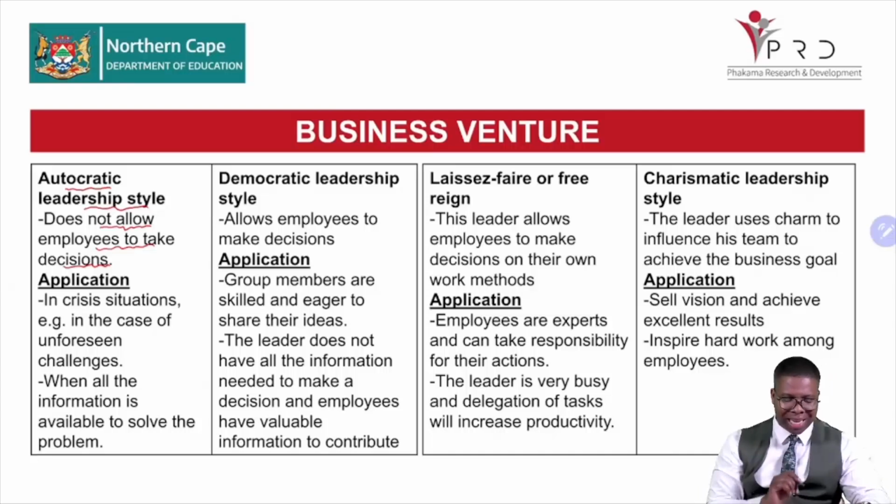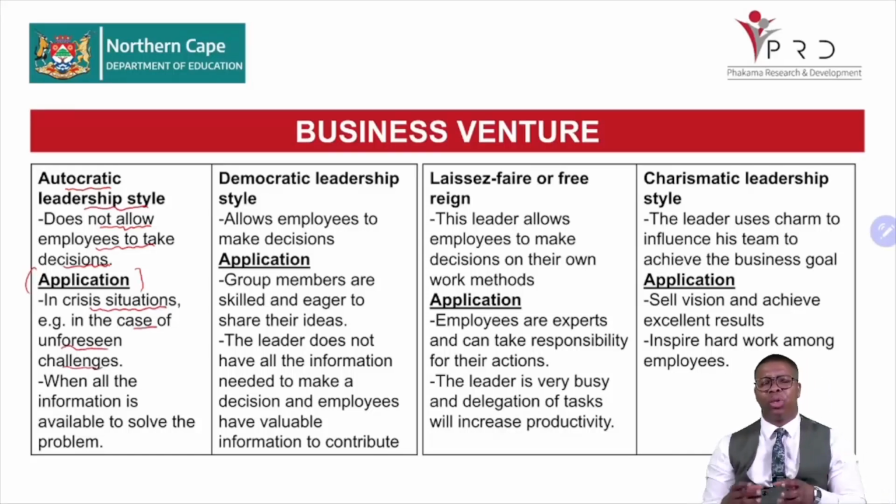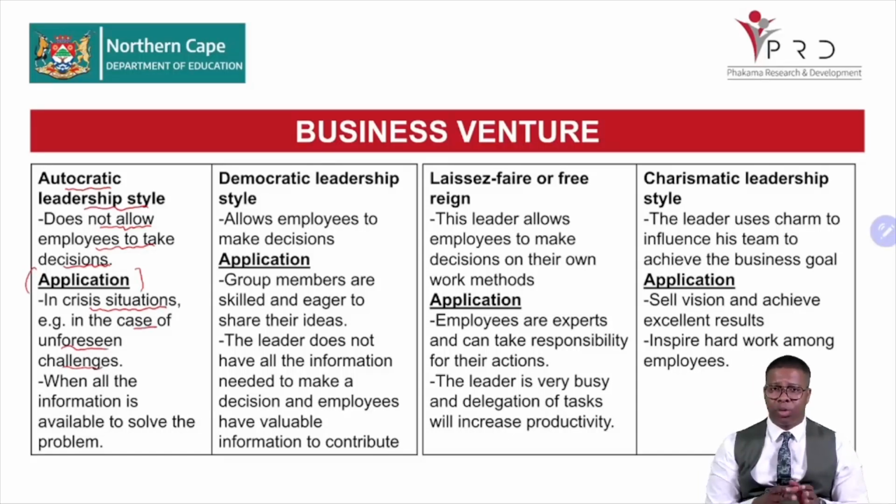Now, in application, we say, when can the leader use this leadership style? The leader can use this leadership style in a crisis situation. For example, in a case of an unforeseen challenge, when there is no time to be thinking about the solution, the only person to be making the decision at that time is the leader.